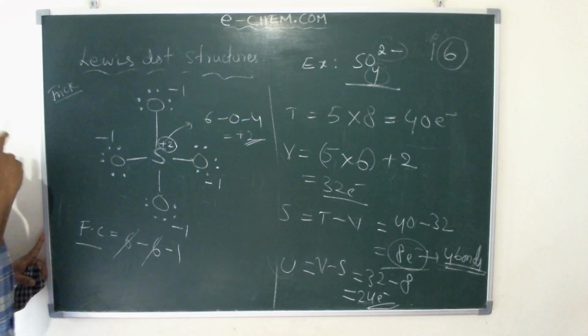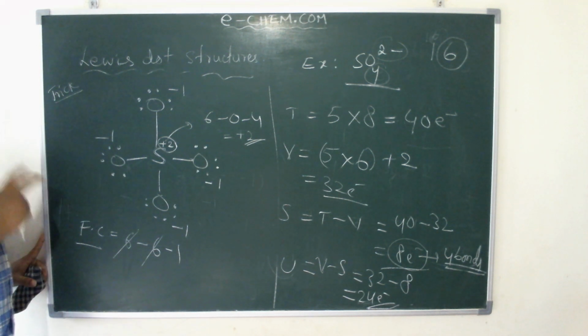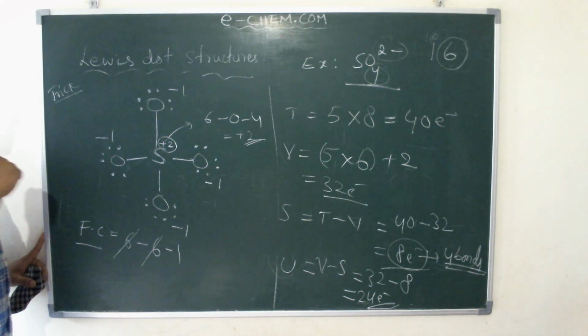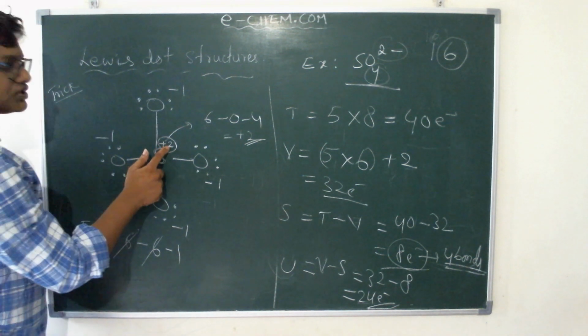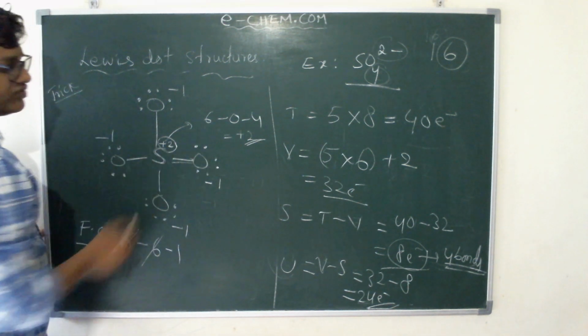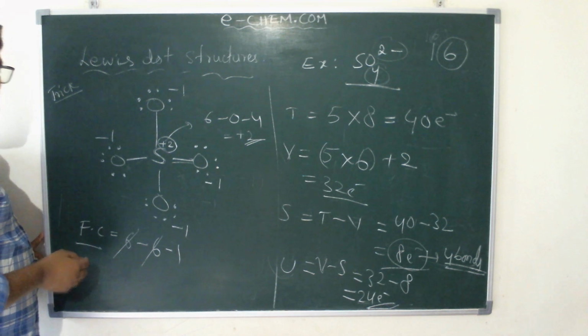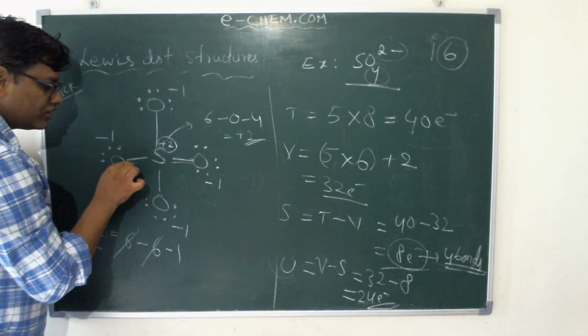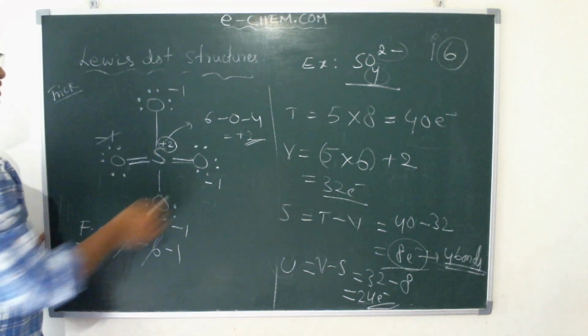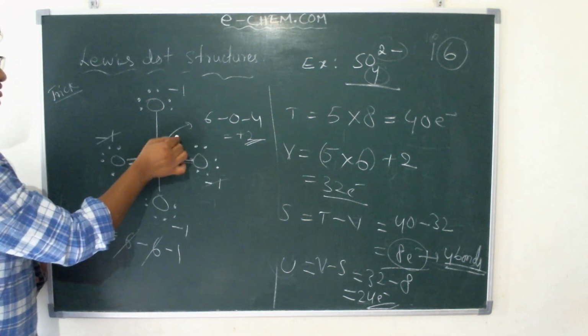If you consider any molecule, the central atom must not carry any charge, so we have to make it neutral. What should I do to nullify this +2? I should make one double bond with this oxygen, and one more double bond with this oxygen, so that this -1 and this -1 will be cancelled with +2.